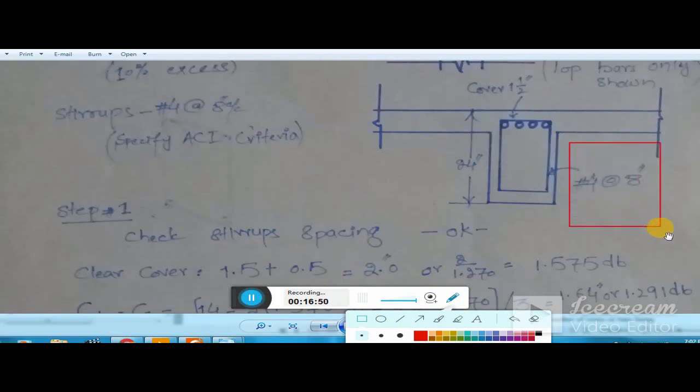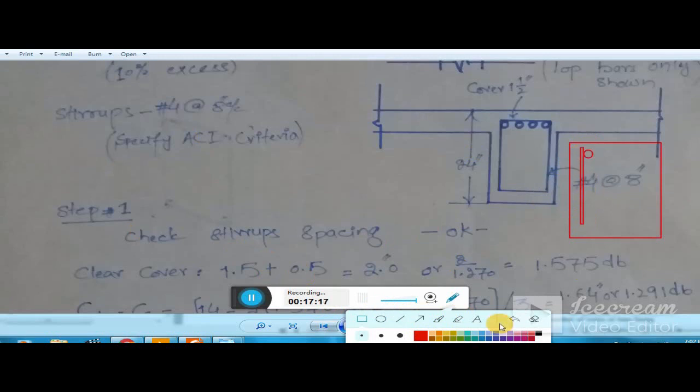Let's say this is my beam section, and let's say here is my bar diameter, okay. Let's say this is my stirrup, stirrup one leg. So this clear cover is up to what distance you see. This clear spacing is 1.5, and the size of this stirrup, that is number 4, is 0.5.